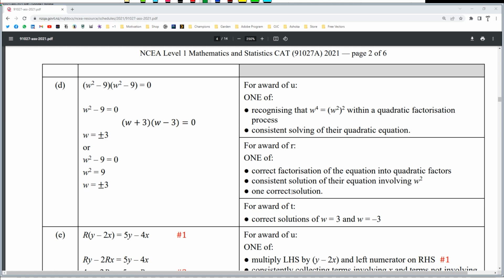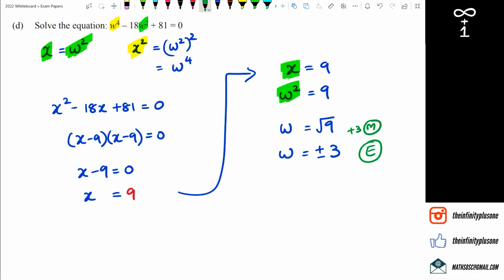I guess I'm looking at for Achieved, even if you recognize that w to the power of 4 is w squared squared, you can do it another way and you can get an Achieved. Consistent solving of the quadratic equation. So if you make a mistake, but you still get an answer, you can still get an Achieved for it and so on. It's kind of hard to put down exactly where you get a Merit or where you get an Achieved.